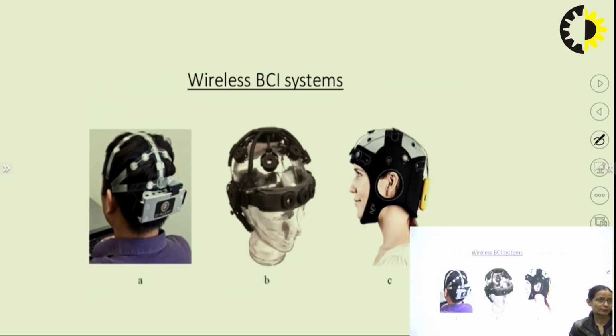Nowadays, we have wireless BCI systems, that is, the electrodes connected to the brain, instead of a wired system, send the signals via wireless signals to the computer.